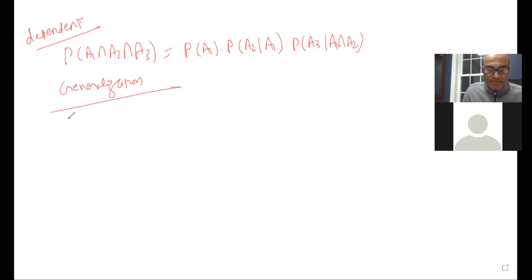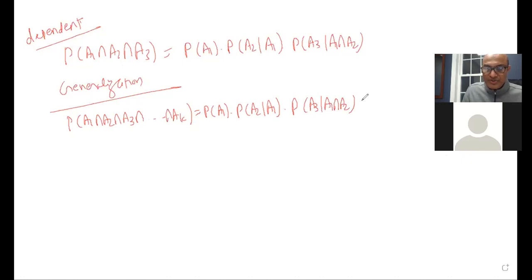Probability of A1 intersection A2 intersection A3 up to suppose AK is equal to probability of A1, probability of A2 given A1, probability of A3 given A1 intersection A2, probability of A4 given A1 intersection A2 intersection A3, dot dot dot, probability of AK given that A1 intersection A2 intersection A3 intersection dot dot dot intersection AK minus 1.